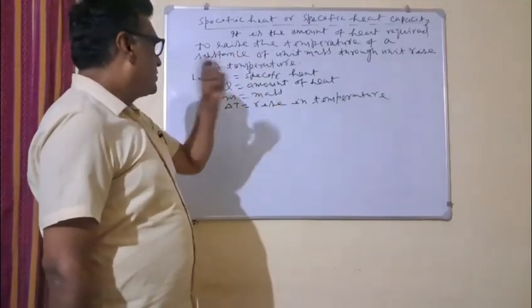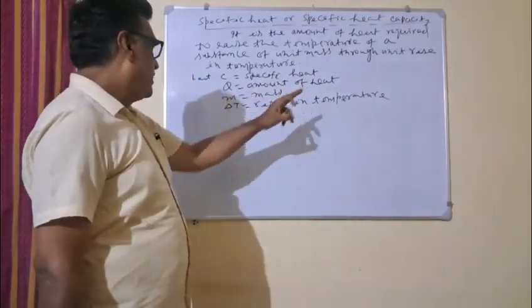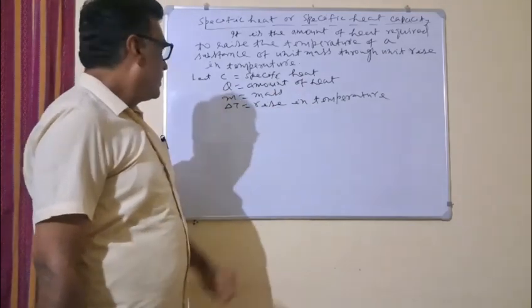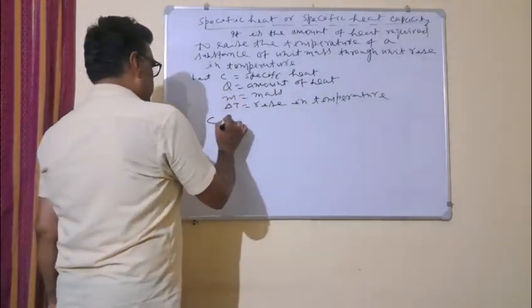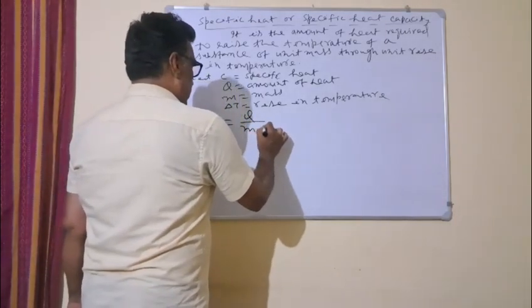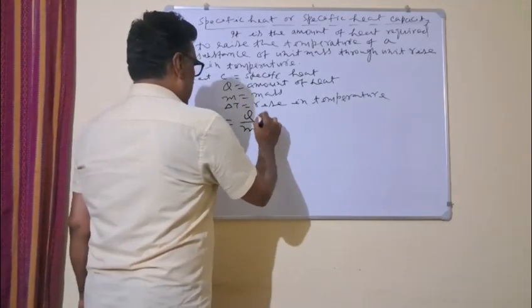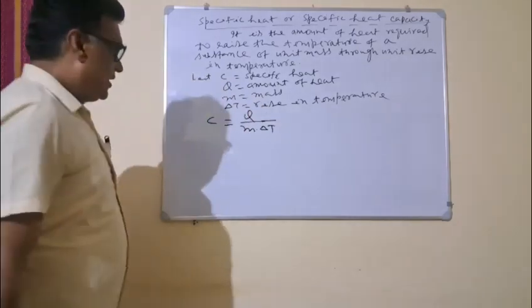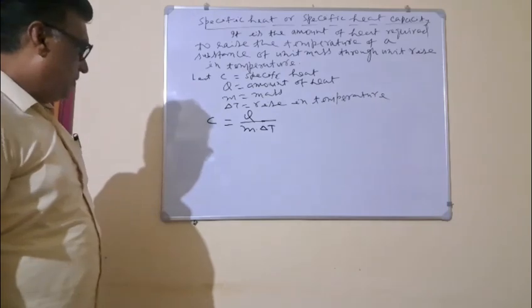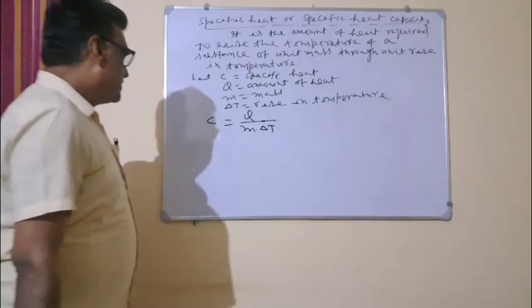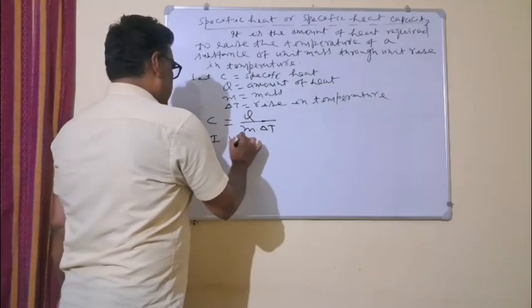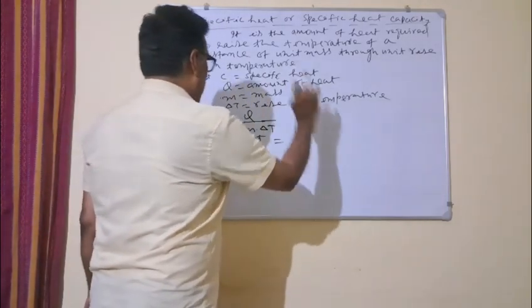Let C equal to specific heat, Q equal to amount of heat, m is the mass, and delta T is rising temperature. Then specific heat C equal to Q upon m into delta T. So by this formula we can calculate the specific heat C. And specific heat C का SI यूनिट क्या होगा?